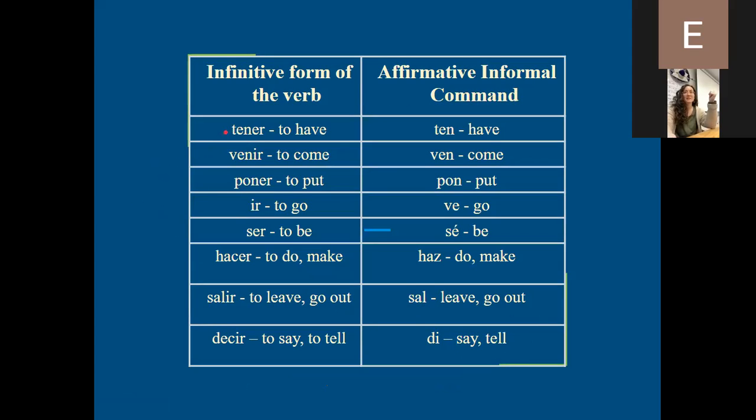For tener, the command form is ten. Venir, our command form is ven. Poner is pon. Ir is ve. Ser is sé with an accent. Hacer is haz. Salir is sal.